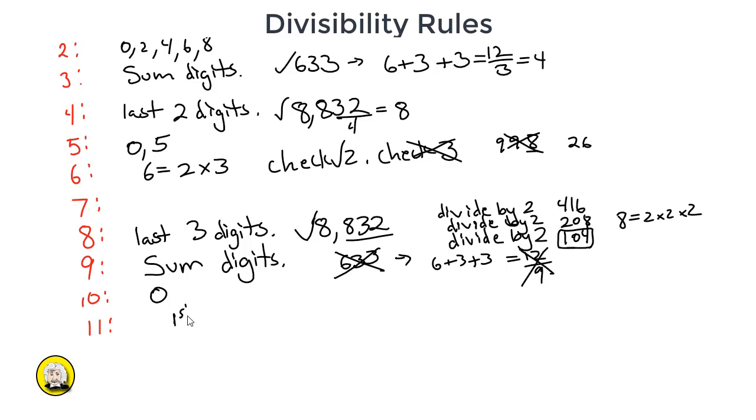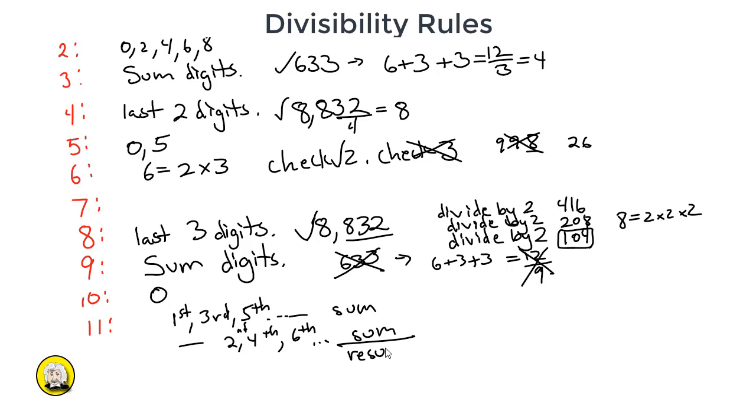You want the first, third, fifth, seventh, ninth, etc. digits, sum them up, and then you want to take the second, fourth, sixth, etc., sum them up, and you want to subtract the one from the other to get the result. And you then want to check that result if it's 0 or a number that is divisible by 11.